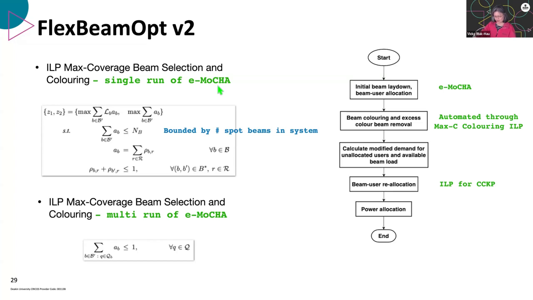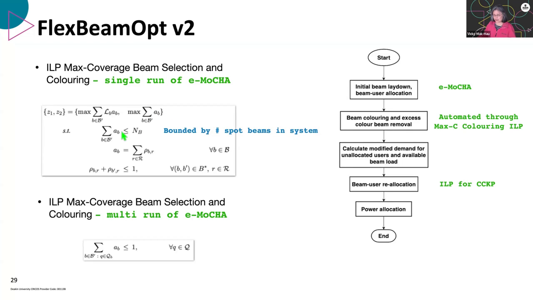It will make sure every single user is in a beam. So for example, SAS-17 has got 200 spot beams. So let's assume this NB equals 200. And by running a single run of eMak-Hau, we end up with 375 beams, for example.